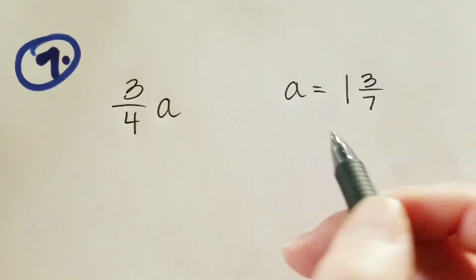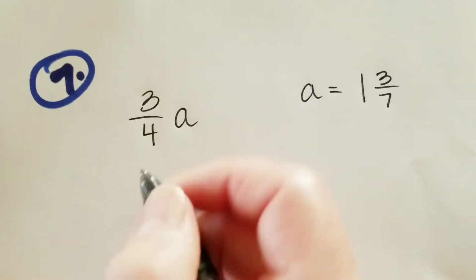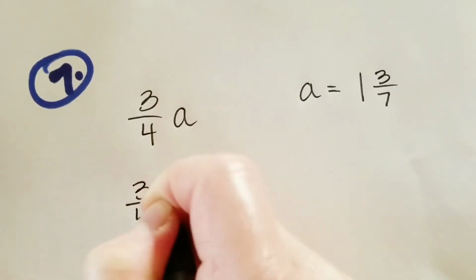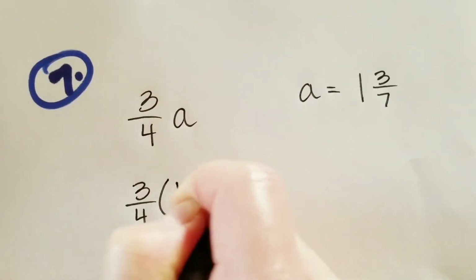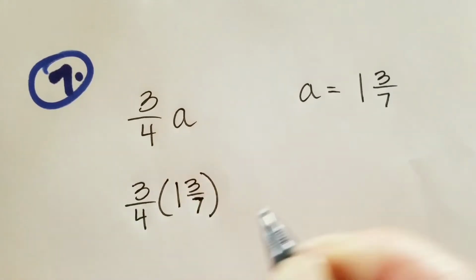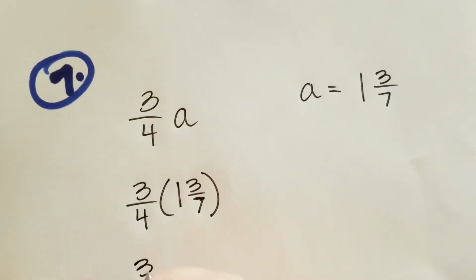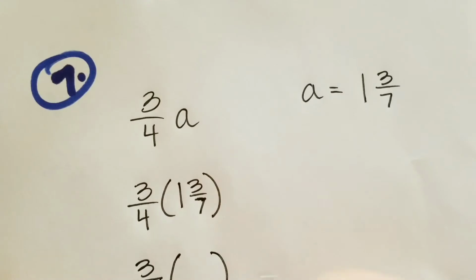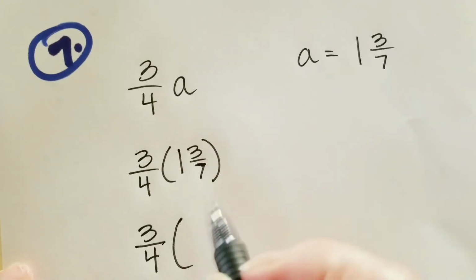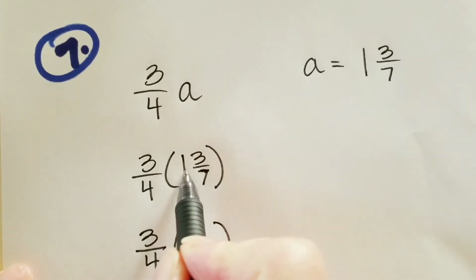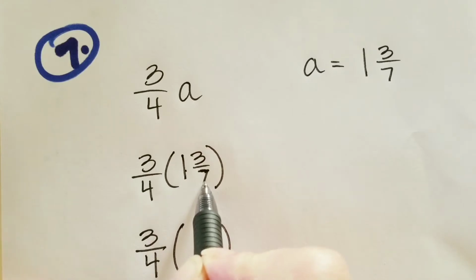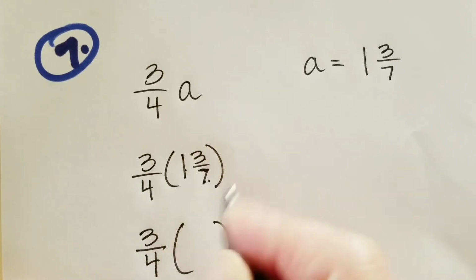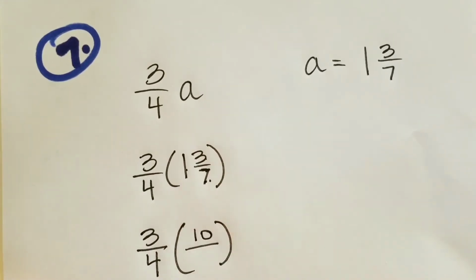For number 7, A equals 1 3/7. So let's go ahead and plug in 1 3/7 for A. We can change 1 3/7 to an improper fraction. So we'll take our whole number of 1 times our denominator, which is 7, plus 3 is 10. 10 goes in our numerator spot, and the denominator stays the same.